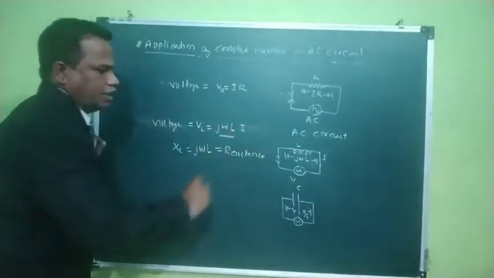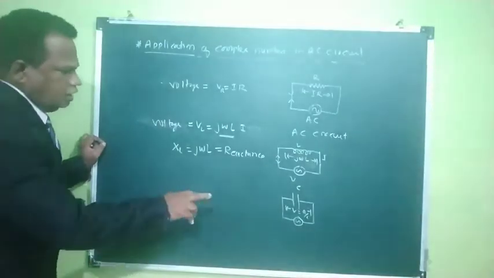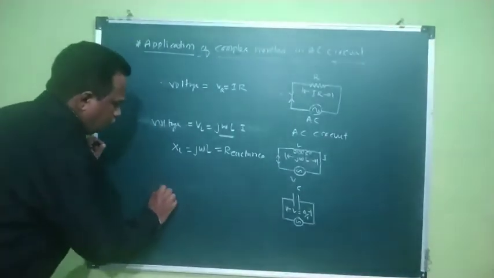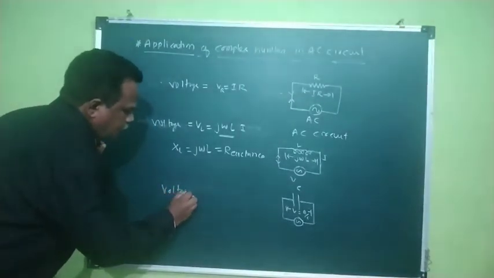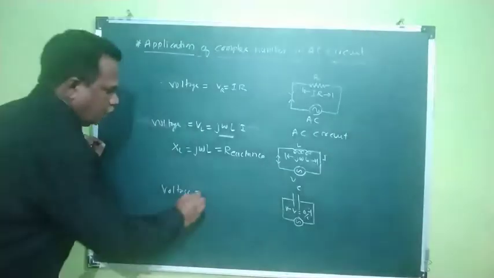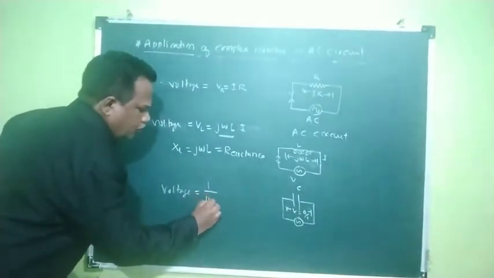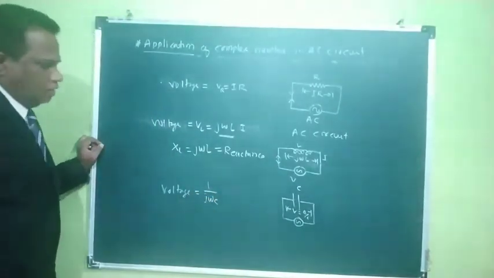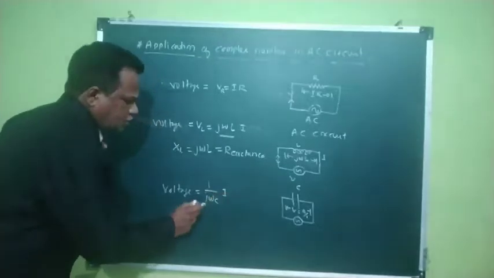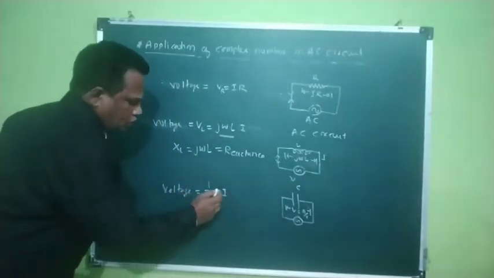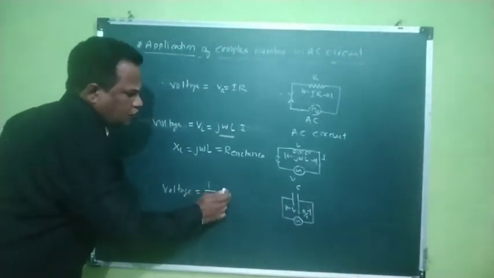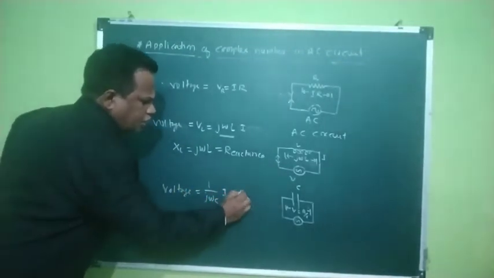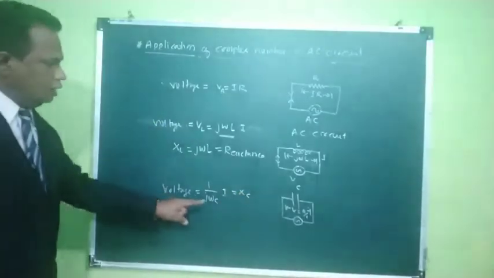Similarly, the voltage across a capacitor is given by 1 divided by j omega C into the current. This is represented by XC.